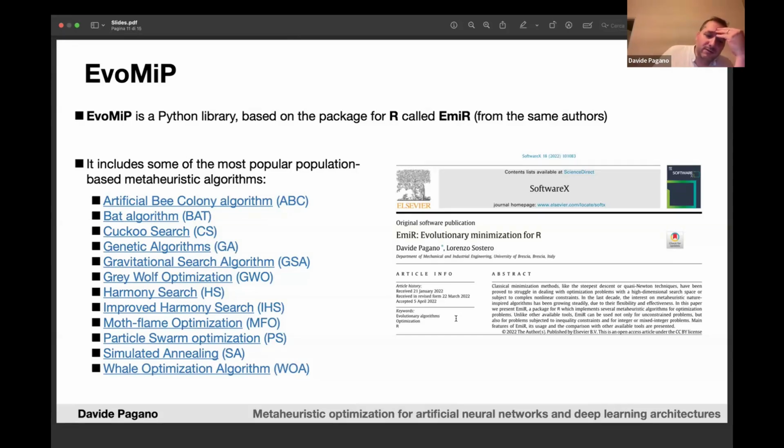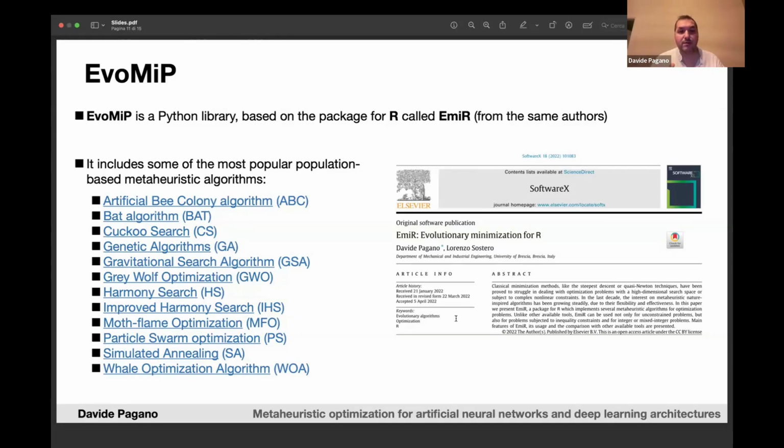Now, it may sound strange that this package was initially implemented in R, because it's not very popular in our community, but if you are interested or involved in statistics, as I am, there R is very popular, and I still believe that it has a small edge, even though Python is catching up. But this is just a personal opinion.